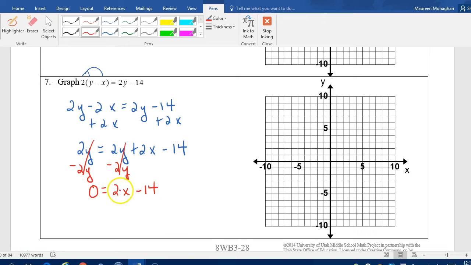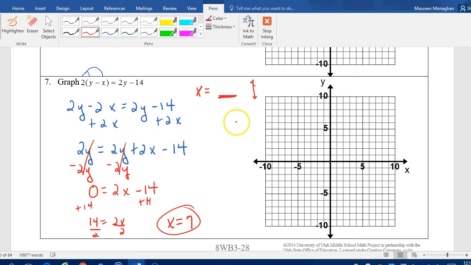Okay. Ooh, so it looks like we're just going to end up with x equals a number. Do you know what kind of line this is going to be? Yeah, a vertical line. But we have to get the x by itself this time. So we're going to add 14, 2x, divide by 2, divide by 2. So x equals 7. Huh.